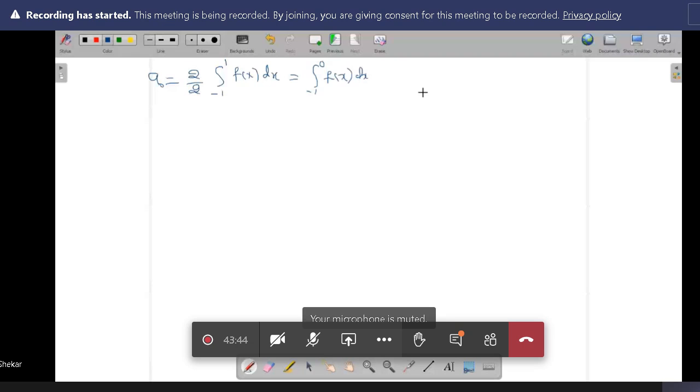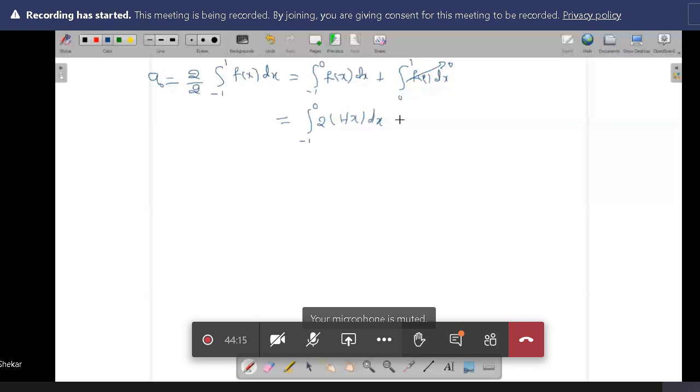Since f of x is a piecewise function, we need to split the integral as minus 1 to 0 and 0 to 1 of f of x dx. In the interval 0 to 1 it is 0, and from minus 1 to 0 it is given that 2 times 1 plus x into dx.